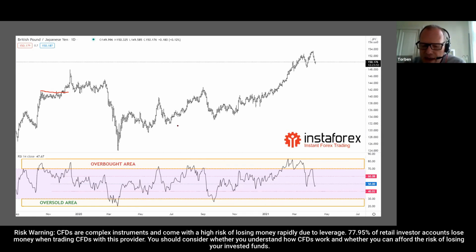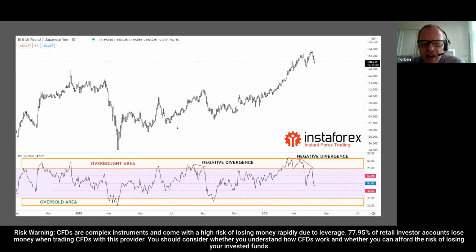The way we can do that is to look at something different called divergence. Here I call it a negative divergence. You could call it a selling divergence. I've seen a lot of names for it, but negative divergence is when, as you can see here, you have one top here, which is this one, and you have another top here, which is this one.